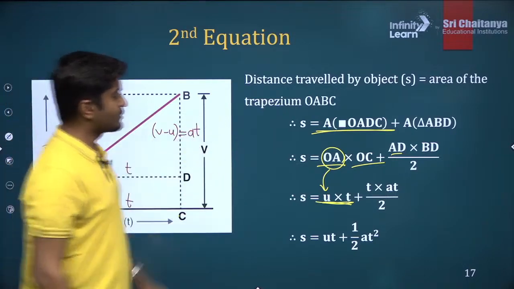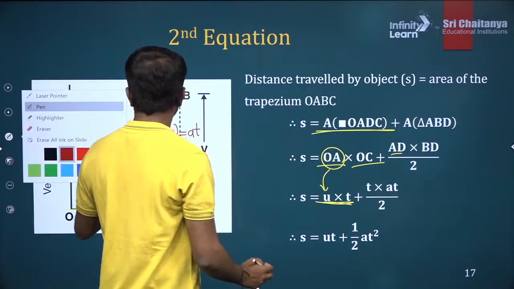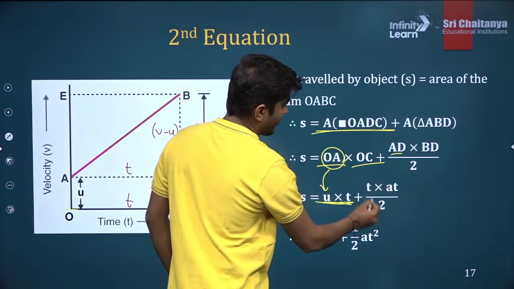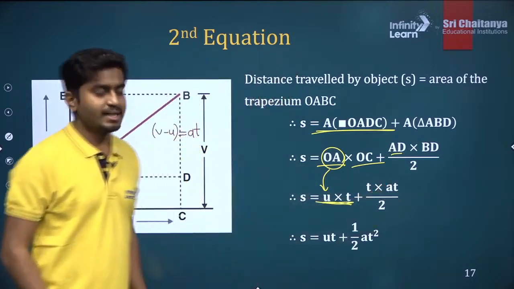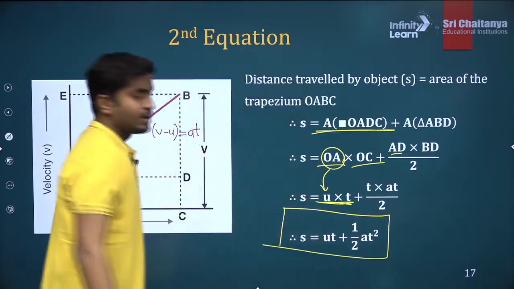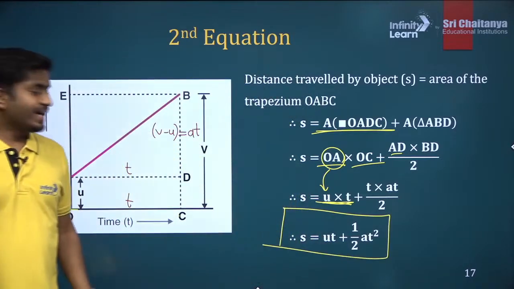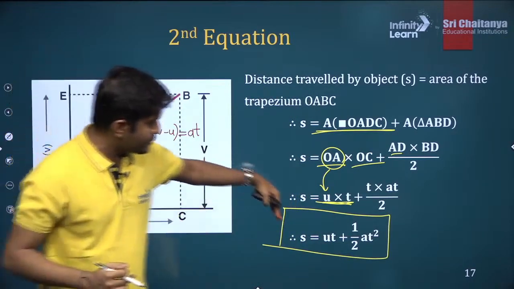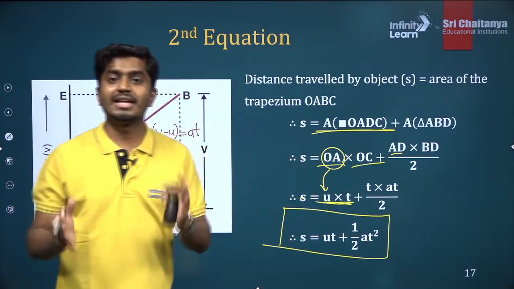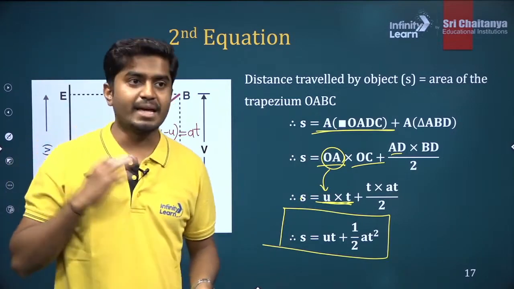Substitute those values here, and you get s is equal to ut plus 1 by 2 t into at, and simplify, you will get s is equal to ut plus half at squared. This is called the second equation of motion. It gives you the relationship between displacement and time.